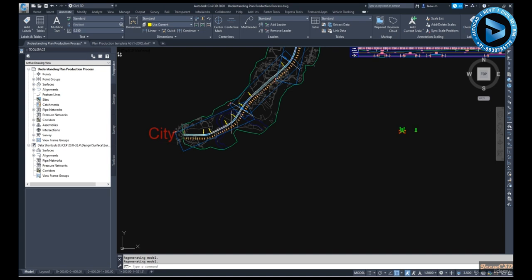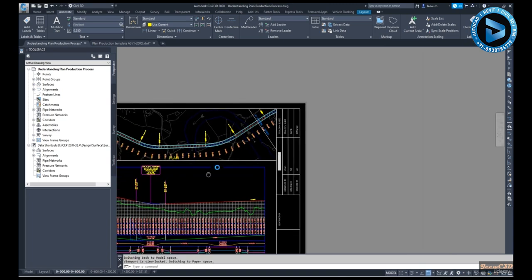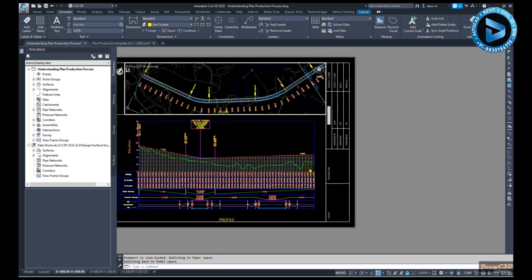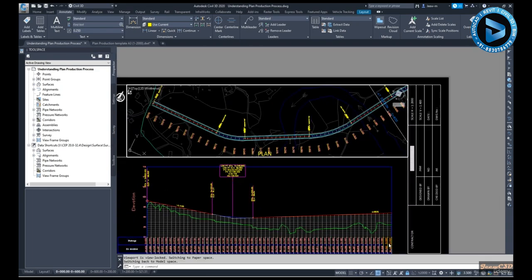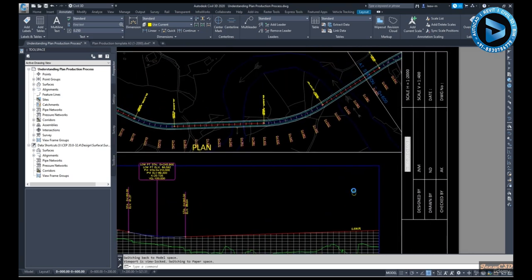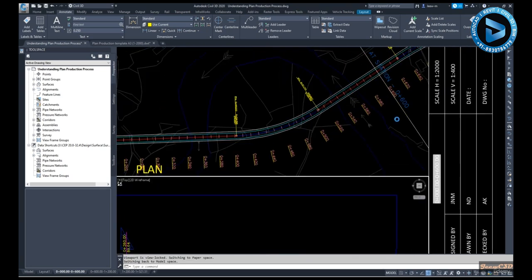After we divided this into 600 meter sections, what Civil 3D does is it gets the plan view at 600 meters and it gets the same profile view at 600 meter interval. You can see it is coming here 0, 0 and it is going up to 100, and this side also going up to 100 up to the match line.